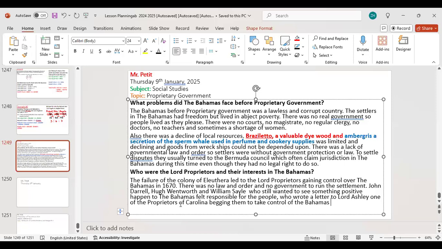One of the Lord Proprietors of Carolina was begged to take control of the Bahamas or obtain a letter of patent, which basically means something similar to a lease, or like rent, if you rent a place, for the Bahamas.